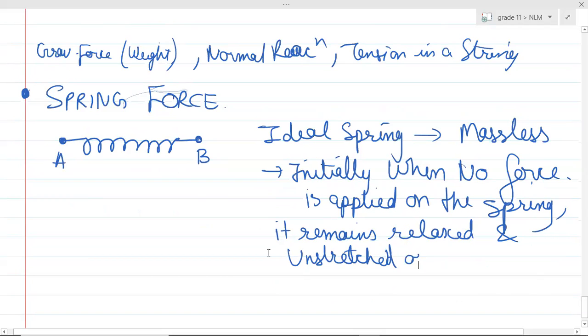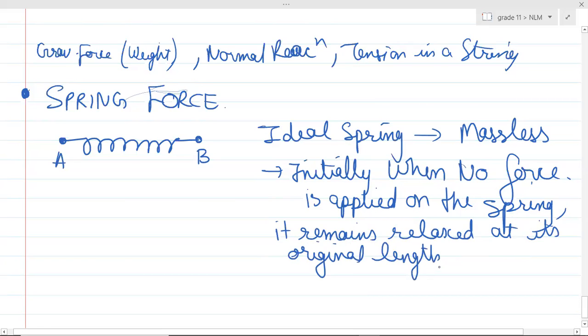It remains relaxed at its original length. Let's say L naught. So here, when it remains at its original length, no spring force will be present.